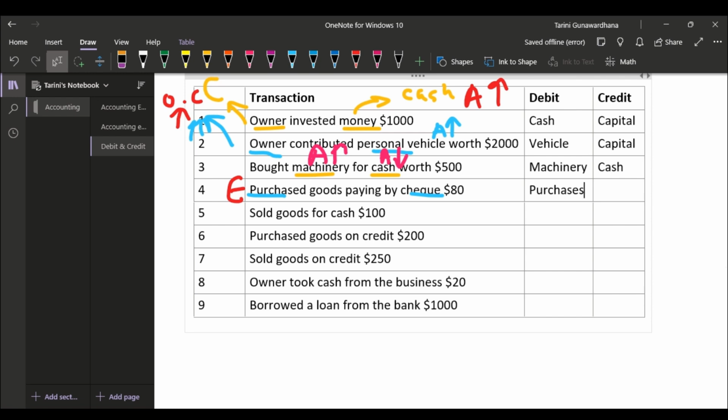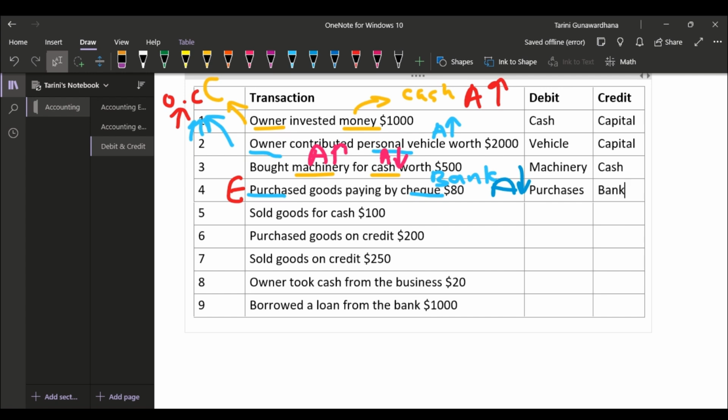Then what is credited? You're paying by check. That means you use the money in the bank account to pay for the purchase. Bank is the account involved here. And bank is an asset which is decreasing. So asset decreasing will be a credit. So I'll say bank here. Bank is credit.